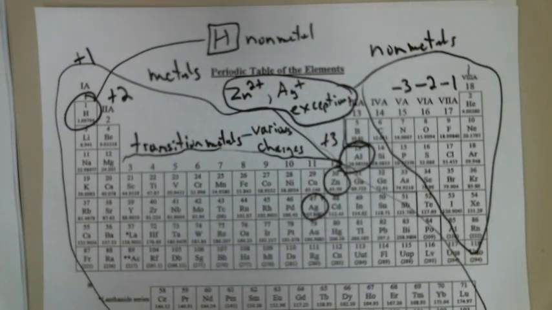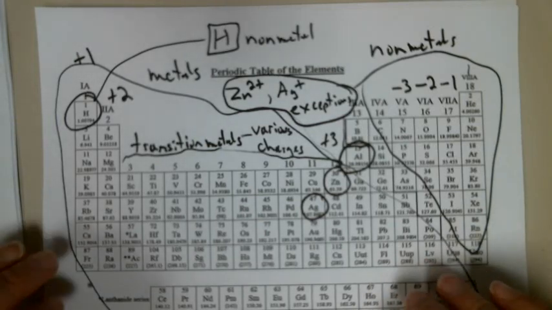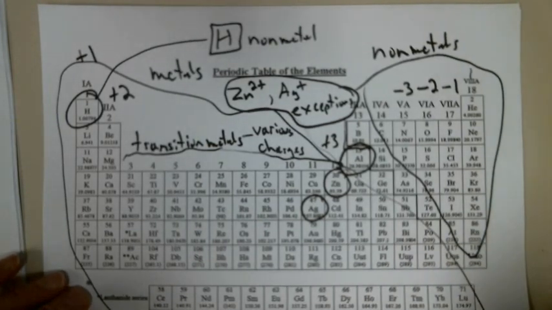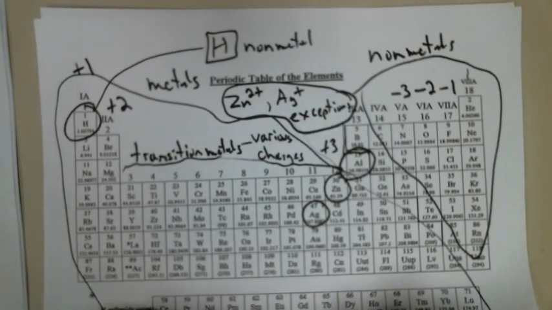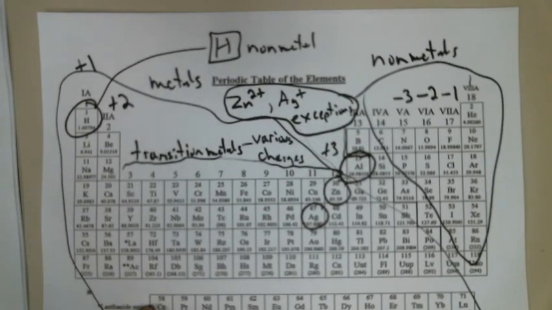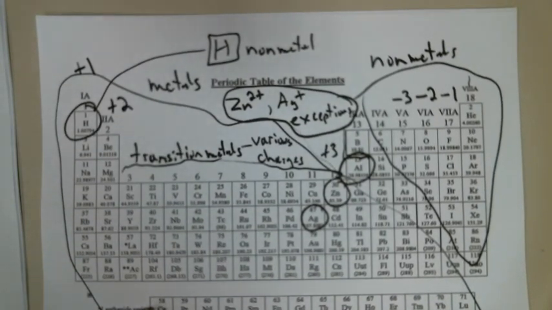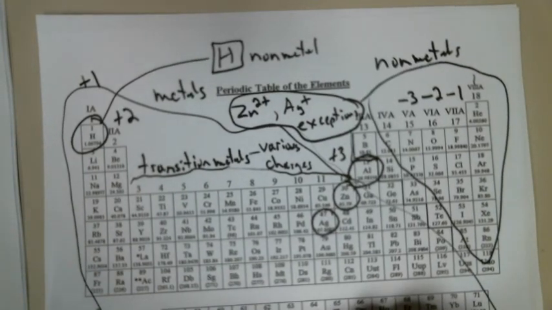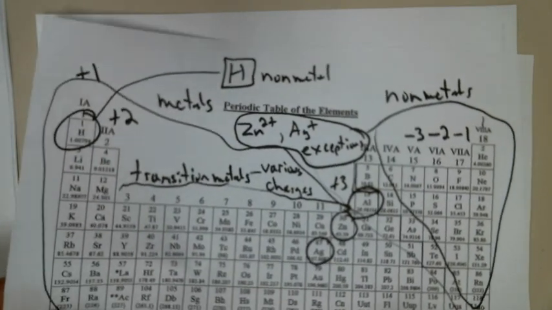I don't understand it. I'd like to get rid of it, but I have not been elected emperor of the chemistry world, and so we're stuck with it, and we have to know those exceptions. You can probably forget them after Gen Chem class, but I have to be a responsible teacher and include them, as much as I hate that.